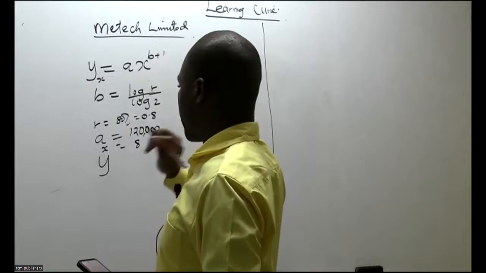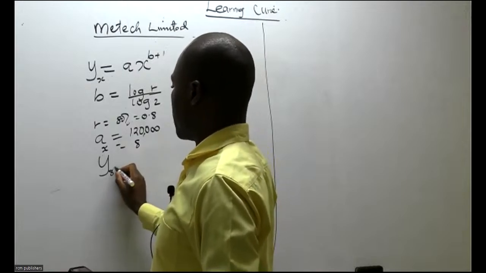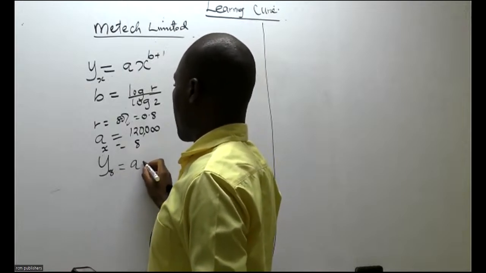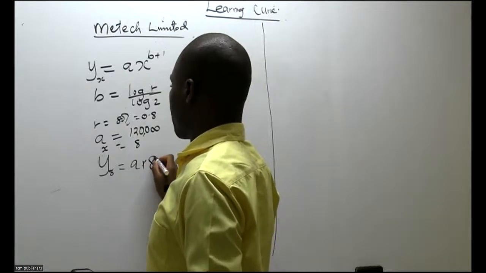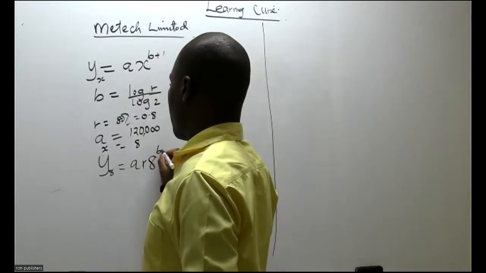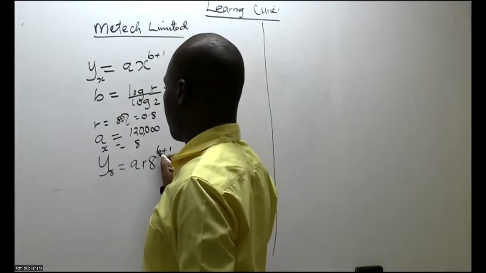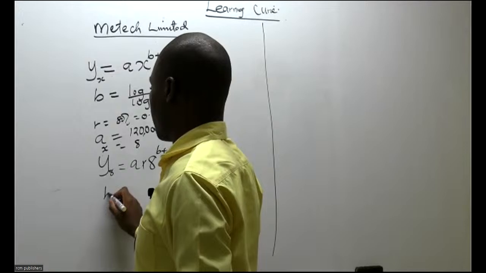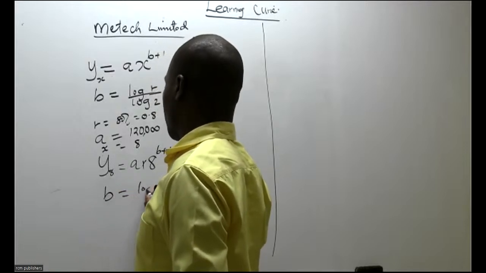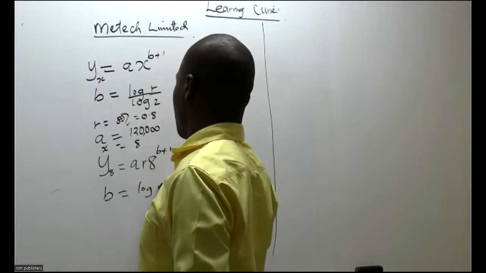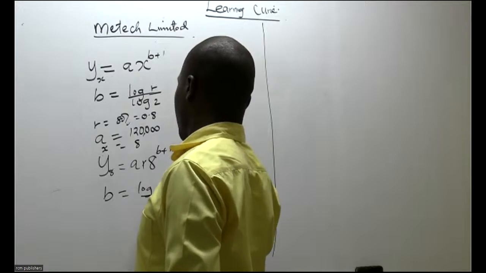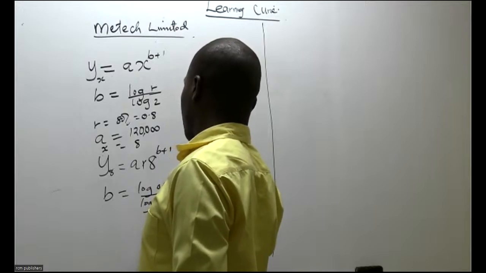So with x of 8, our y at 8 will be equivalent to a times 8 raised to the power b plus 1. So let's get the value of b. We know very well that b is equal to log r, which is 0.8, divided by log 2.